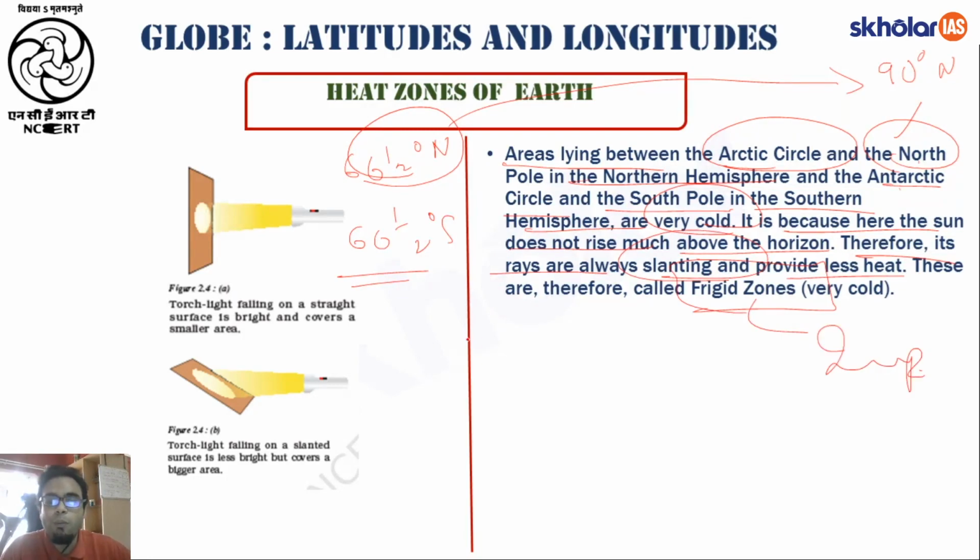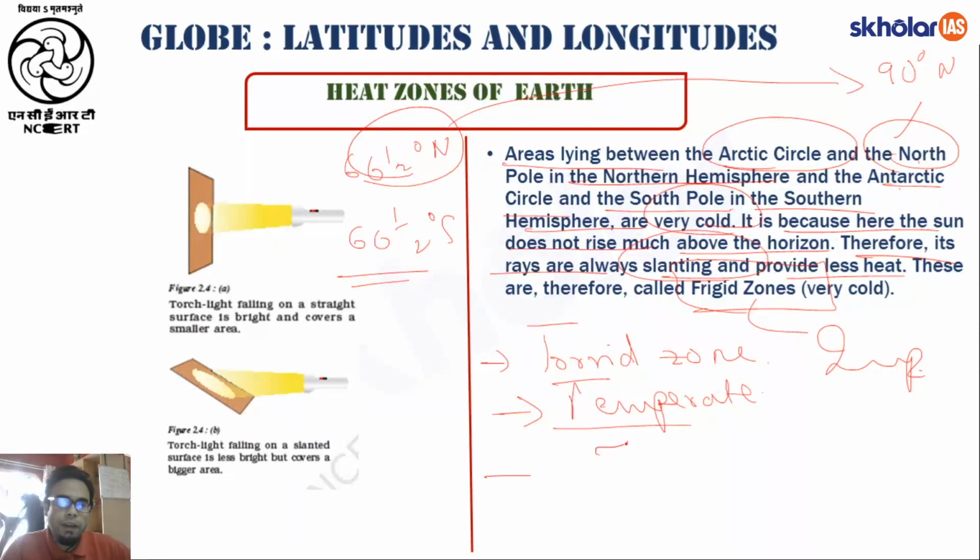Very important. So how many zones do we have? Firstly, we have the torrid zone between the Tropic of Cancer and the Tropic of Capricorn. After the torrid zone, what did we have? We had your temperate zone, right? In the temperate zone we will have moderate temperatures, and it is found between the Tropic of Cancer and the Arctic Circle and the Tropic of Capricorn and the Antarctic Circle, right?